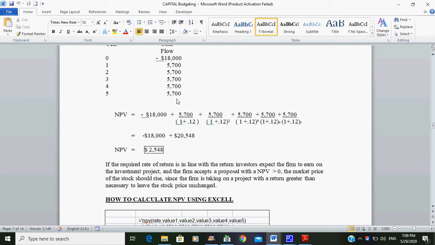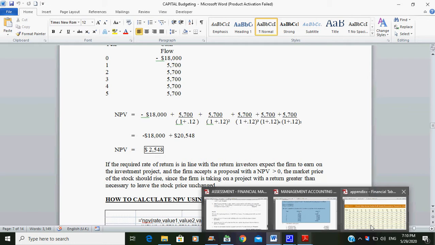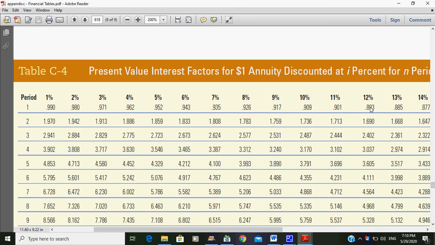Are we good to go? When you would have done all of this, you'd add them up. So you would find 12%, then go to 5 years, annuity.